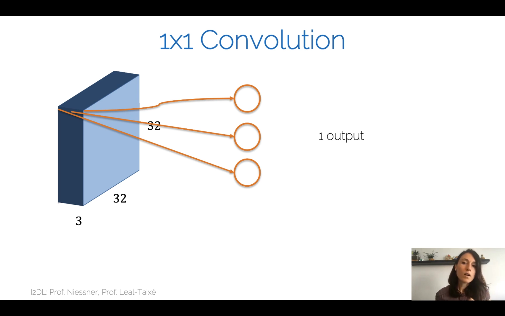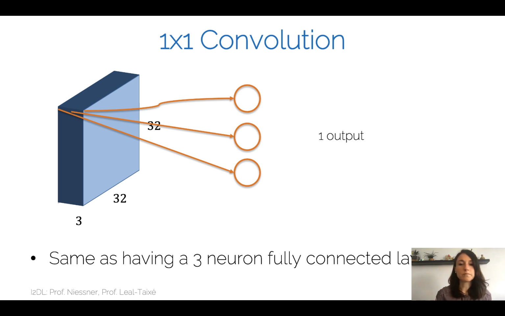So one-by-one convolution is not really about having one weight, but if I have a depth of 3, I'm going to have 3 weights which act directly on this depth of 3. So it is as though I would have 3 neurons put on top of this particular spatial location. And from these 3 neurons, I want to create one output. So it's the same as having a 3-neuron fully connected layer.